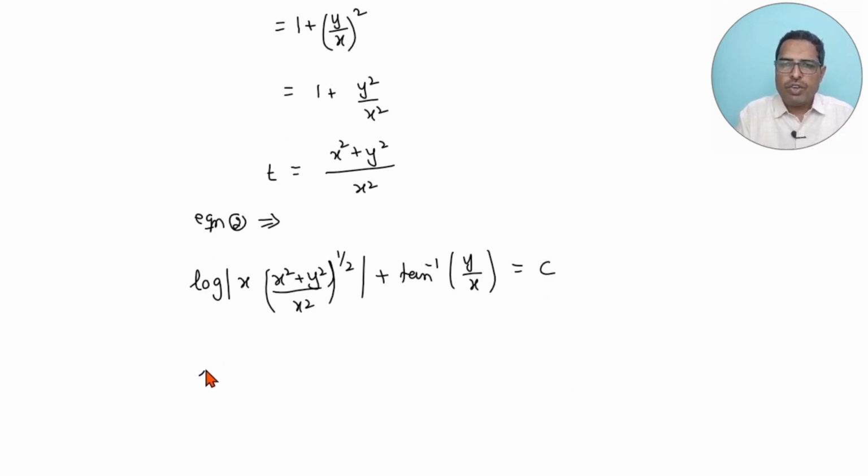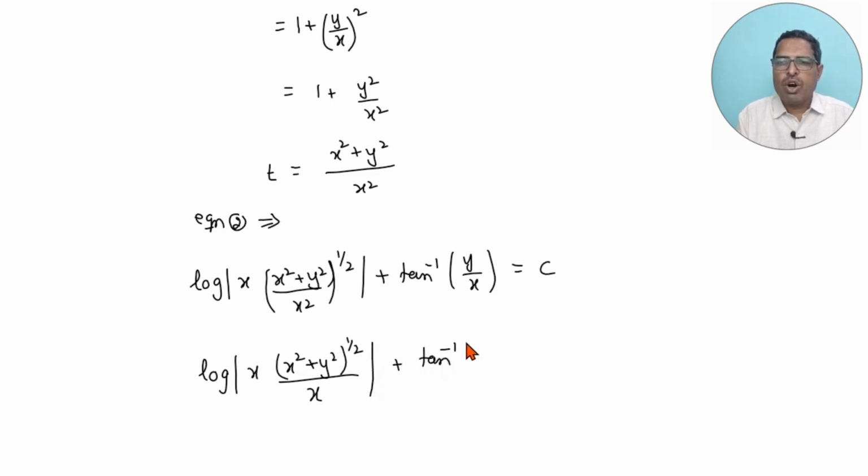Or further if you try to simplify, it is log of mod x. This will be x square plus y square whole power of 1 by 2, whole divided by x square to the power of half. So this 2 and 2 will get cancelled. It will just be left with x, plus we have tan inverse of y by x is equals to c.